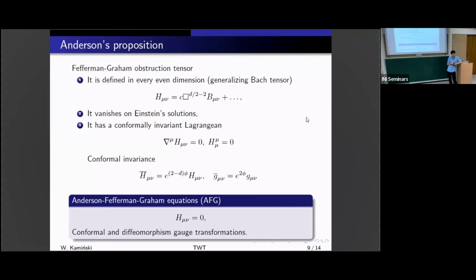I think it's becoming less confusing if you go to higher dimension. That rarely happens, but I think in this case it is like that. So what is the generalization of this Bach equal to 0 to higher dimension? And it turned out, okay, for many respects, it's the Pfefferman-Graham tensor generalization, and also for this equation.